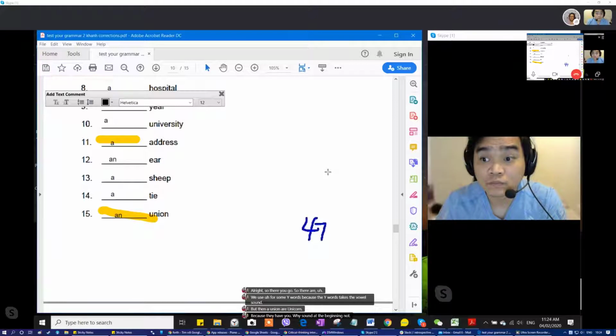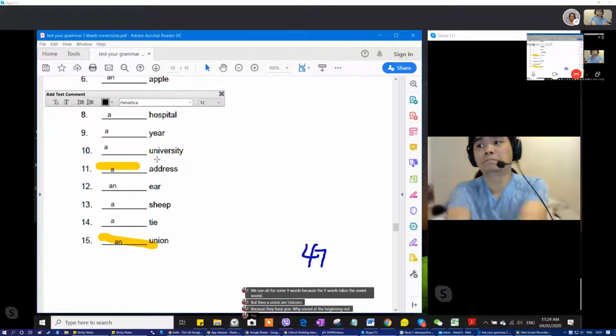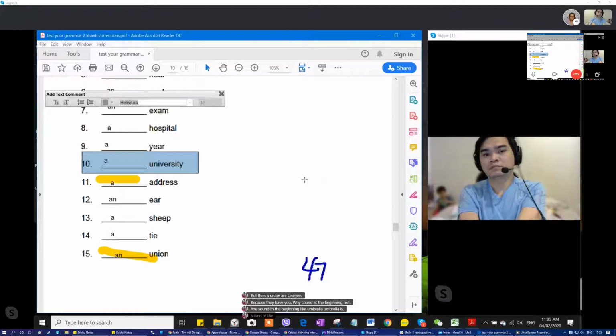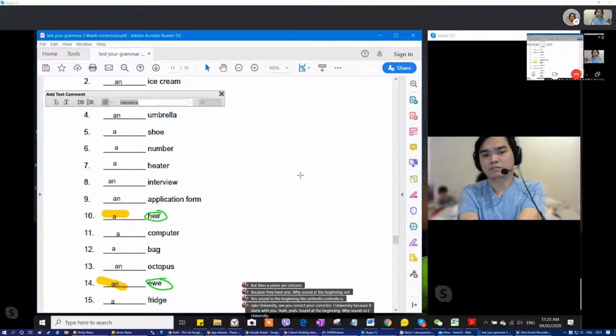Like umbrella. Umbrella is not like university. See, you're correct here: a university, because it starts with a Y sound at the beginning. So a university. Next one we have ear.